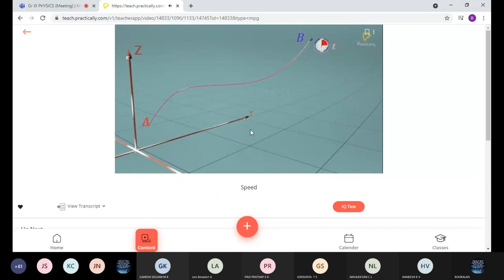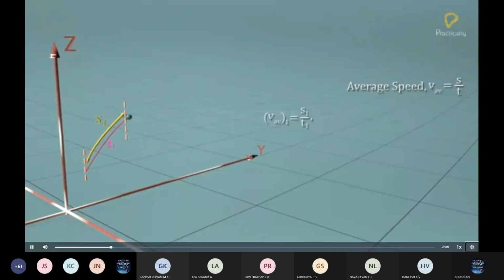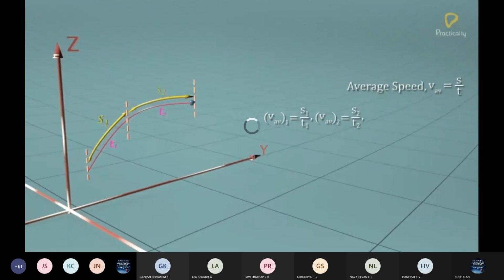Hence, average speed of the particle is equal to length of path AB, that is s, divided by t. Average speed could be different for different time intervals.